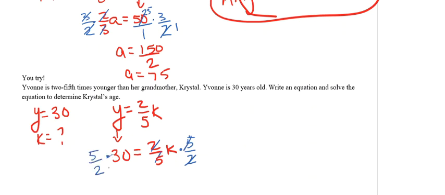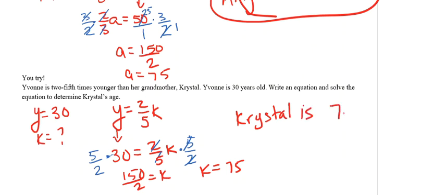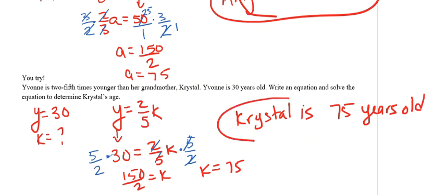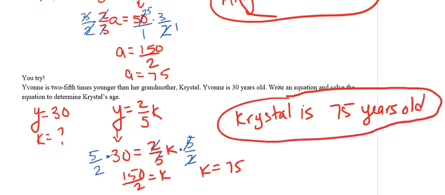So this is going to give you 150 divided by 2 is k, and k is 75. Somehow, both these word problems have the same answer. Crystal is 75 years old. I hope this helps with a more challenging set of problems for section 6.3.